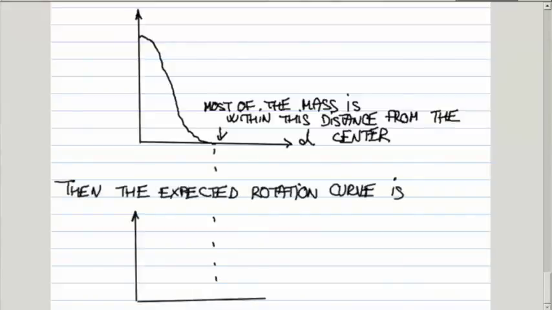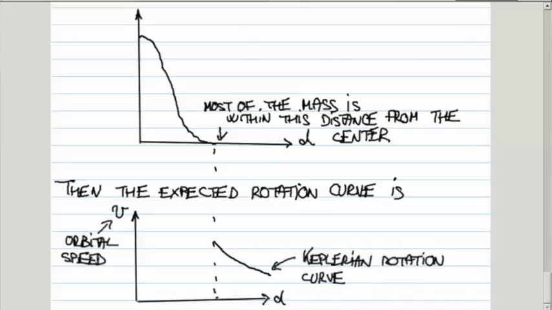Beyond this distance, I would expect to get a Keplerian dependence. But that's not what is observed. What is observed is that essentially the rotation speeds remain constant. So as I said, if one accepts Newtonian gravity, or theory of gravity in general, and Newton's laws of motion, then that would imply that there is more mass than we can see.